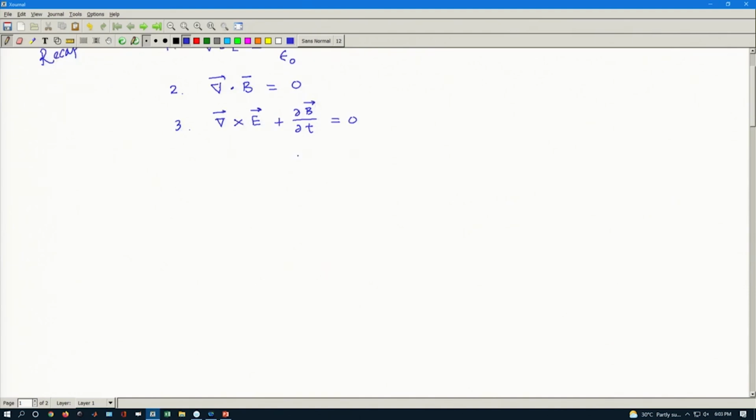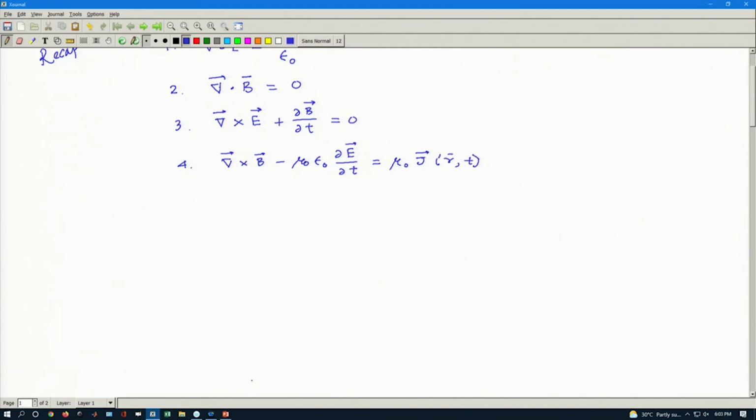And finally, equation 4 was curl of B minus mu 0 epsilon 0 del E del t is equal to mu 0 J as a function of r and t.